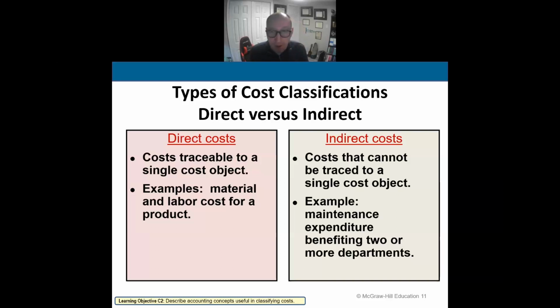Indirect costs might also include some indirect labor. An example of that would be the manager's salary. I cannot directly trace his labor to the manufacturing of the car because the manager is not directly involved in the manufacturing process.